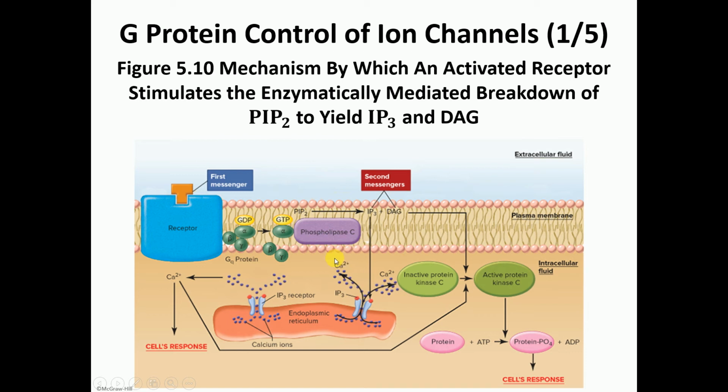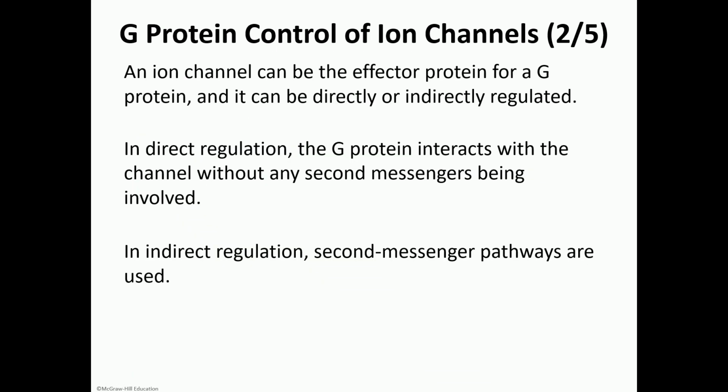Now that calcium could be your response. Yet on the other hand, it could also act as a second messenger where it assists DAG in activation of the protein using that enzyme kinase C. So C stands for calcium. Okay.